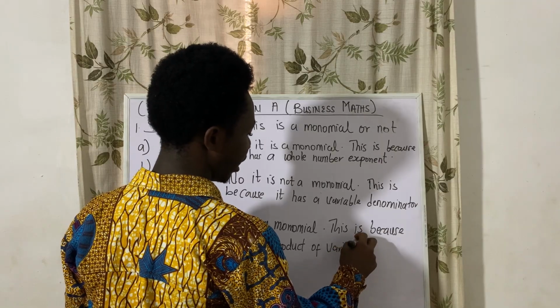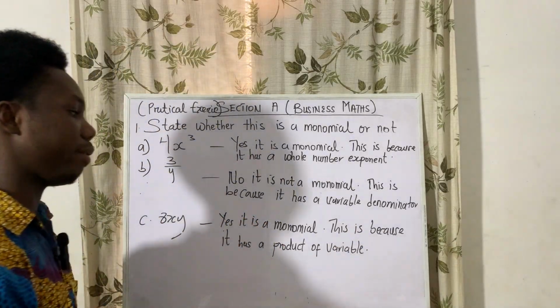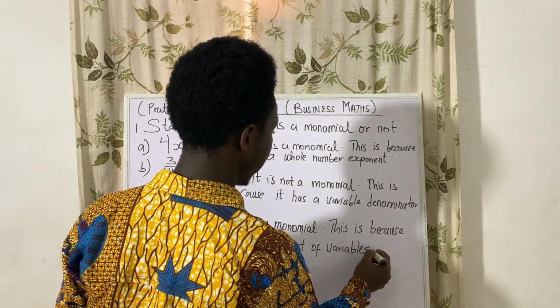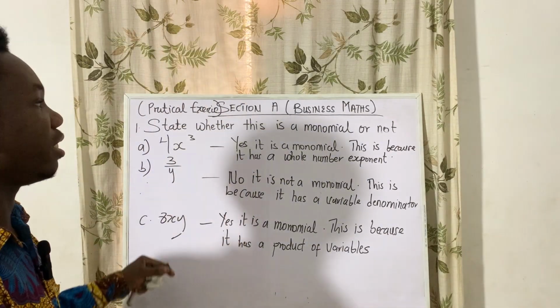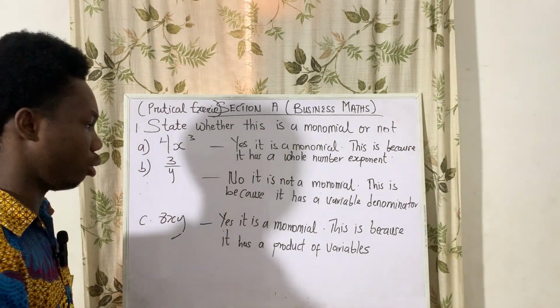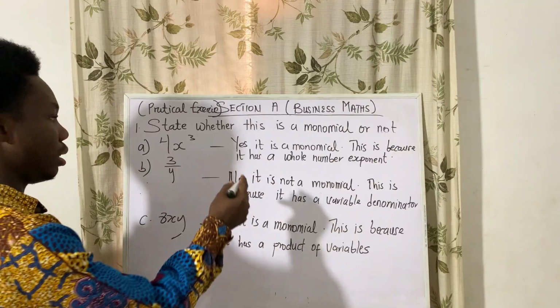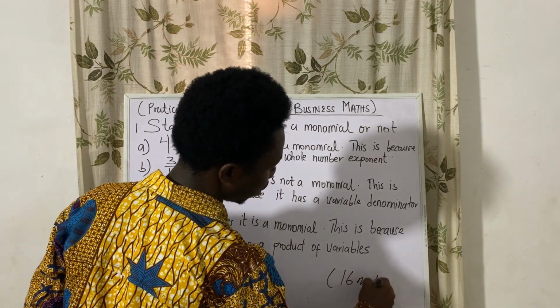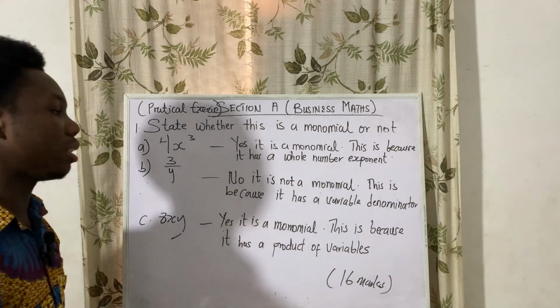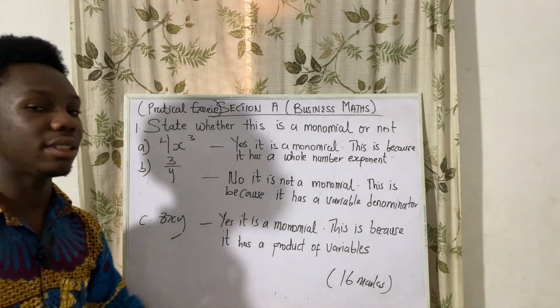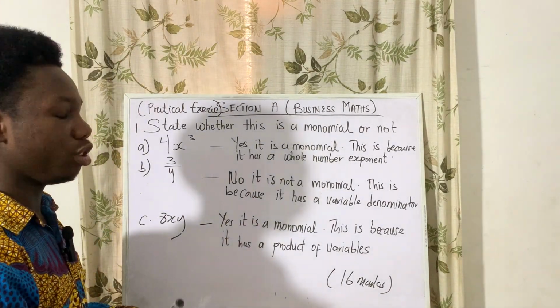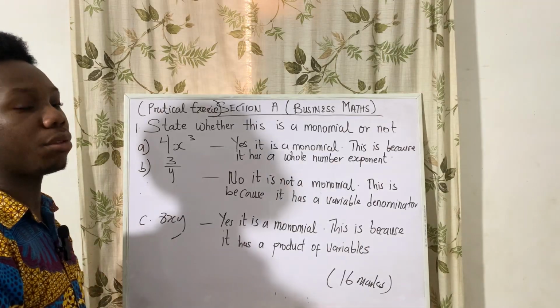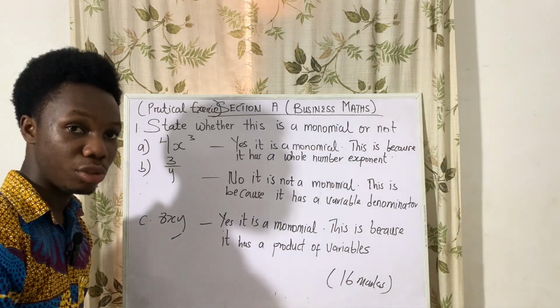So you shouldn't forget how to identify a product of variables. You should not forget how to identify whether this is a monomial or not. So let's say 4, 4, 4, in all you are getting 16 marks. You shouldn't waste time on this. You get all your 16 marks, you are good to go. You move to the next question and solve. Please, do we get it?